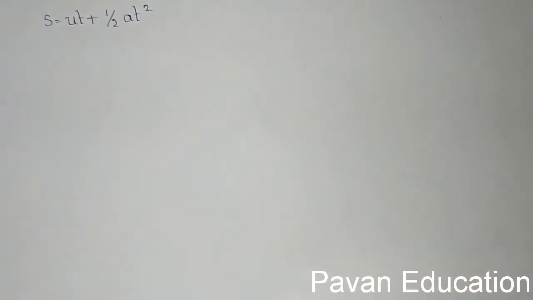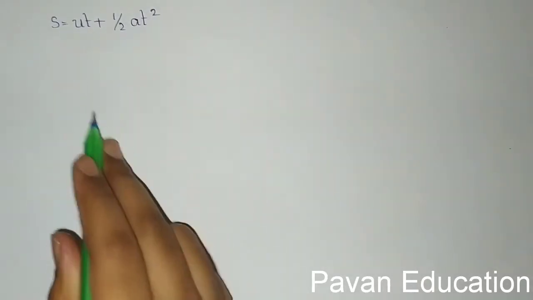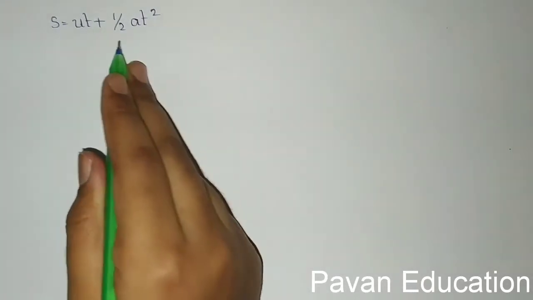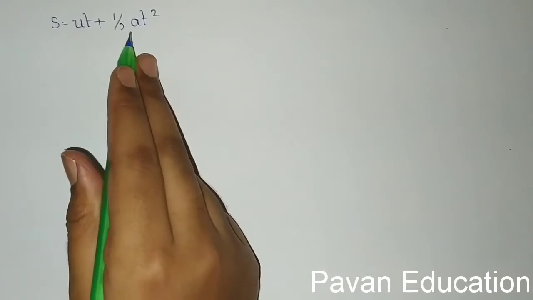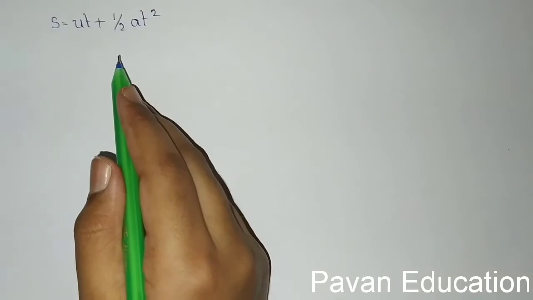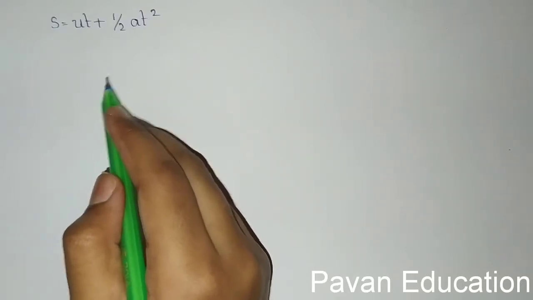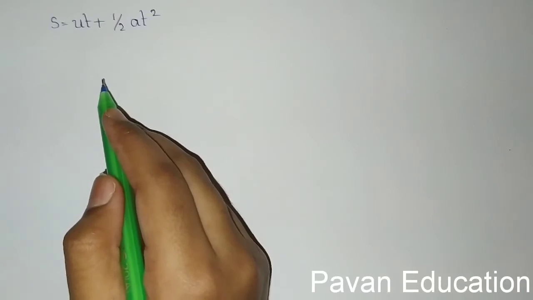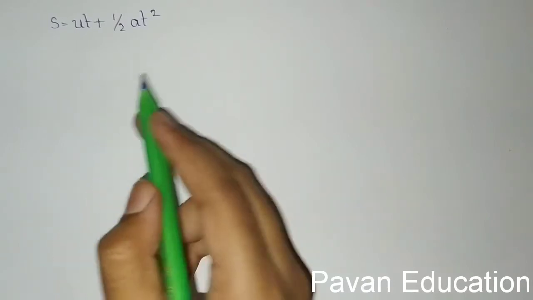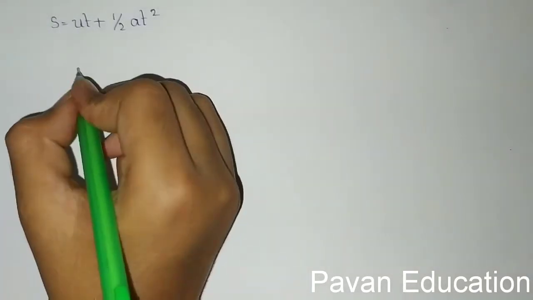Here s means distance travelled, u means initial velocity, t means time taken, and a means acceleration. So we can write it as distance travelled equals initial velocity into time plus half into acceleration into time square. So let us go to the derivation of the second equation of motion.